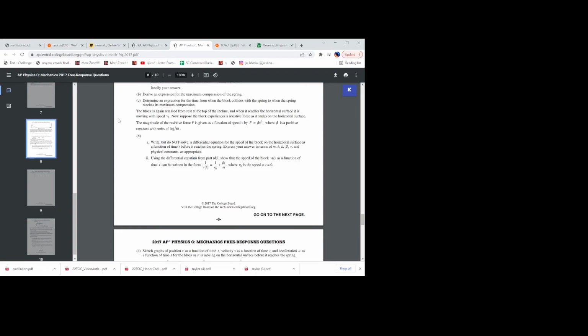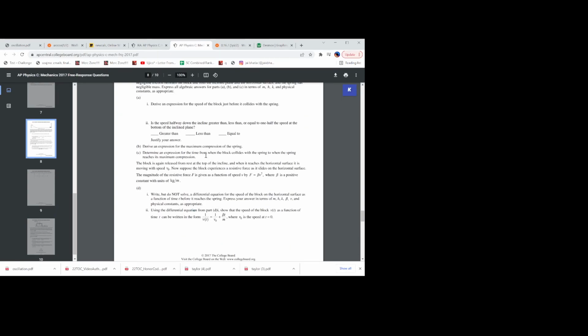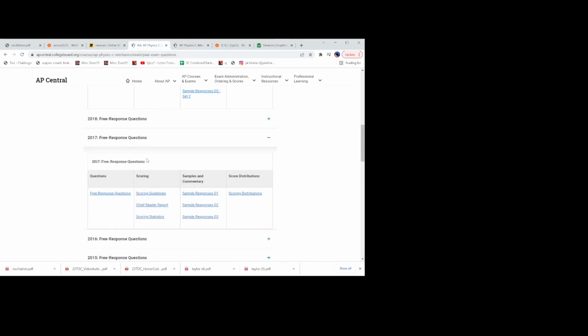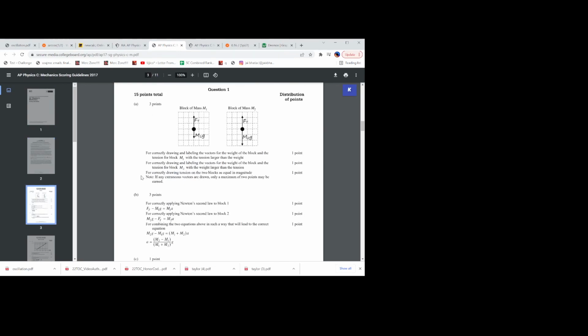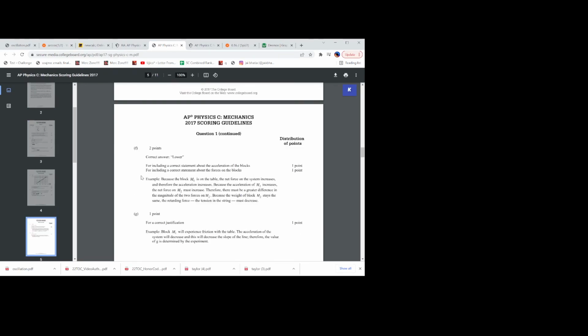But second of all, there's no way that this is not a differential. 100%. You create an expression for acceleration, you differentiate or integrate it twice to get position, and then instead of solving for x, you solve for t. So you manipulate it such that you get t is equal to something. And if it's not that, then I'm interested to know how you would do it.